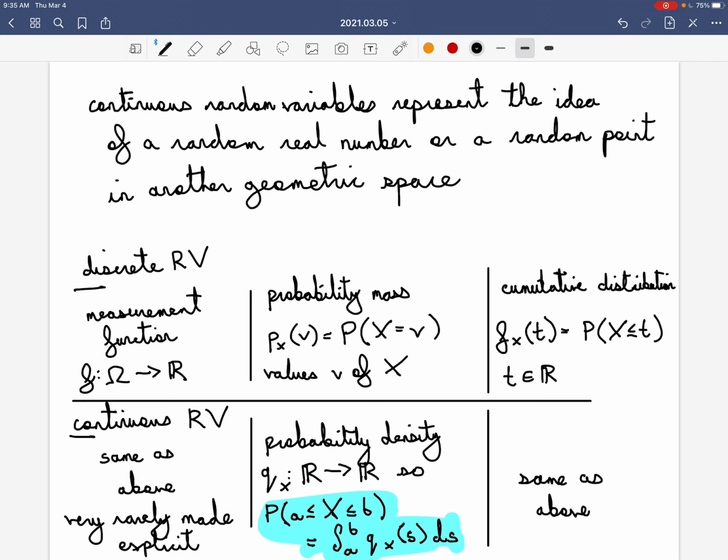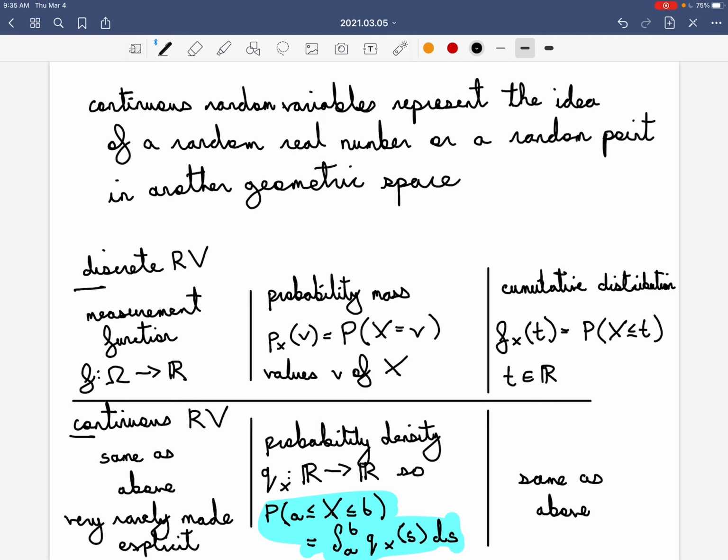And the way this function q_x defines everything we need to know about the random variable is that we can figure out the probability that the random variable lies within a specific interval of numbers by integrating the probability density over that interval.